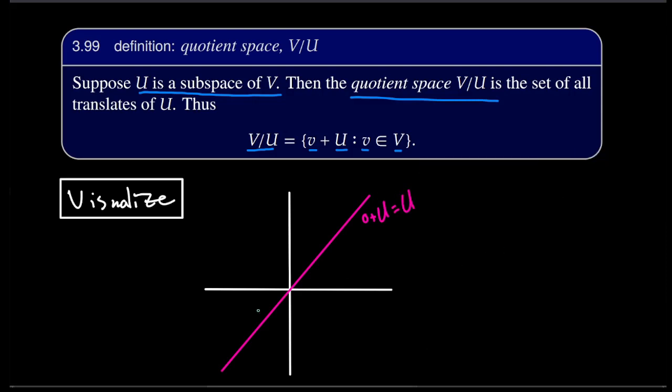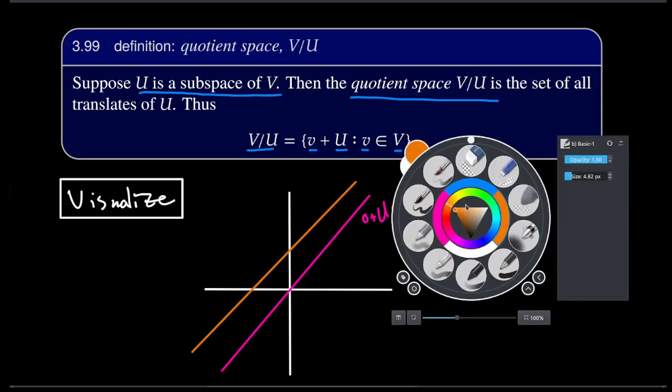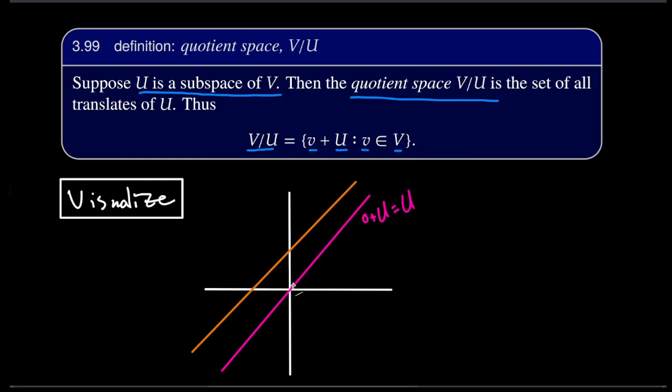Now we can also take other things. Let's draw, oops, let me use my nice line tool again. So just parallel translates of this guy. Okay, now what does this look like? Well, if I took a vector here, okay, so let this be a v.